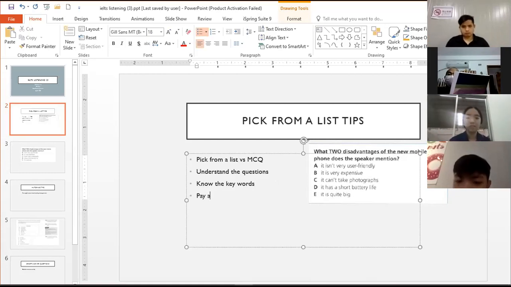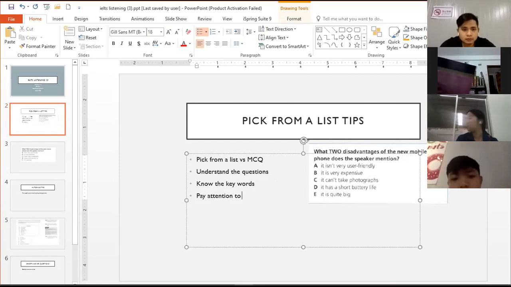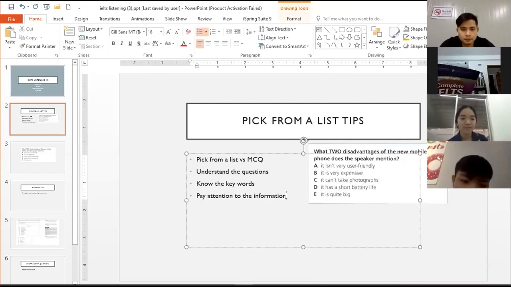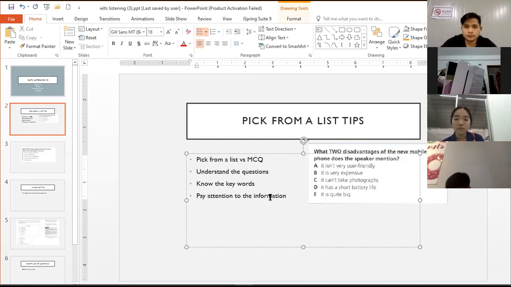So then you pay attention to the information. So we've got 5 choices. Let's go through the choices together and see if you can eliminate any of them. Choice A, it is not very user friendly. Choice B, it is very expensive. Choice C, it can't take photographs. Choice D, it has short battery life. And choice E, it is quite big. So spend some time looking at the choices and decide if you can take any of them out or not.